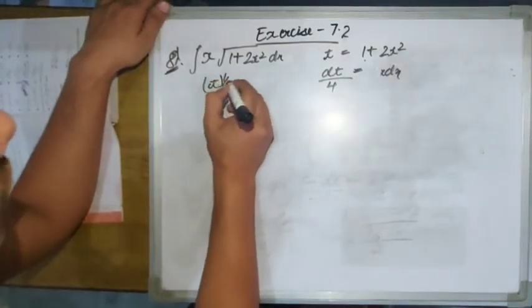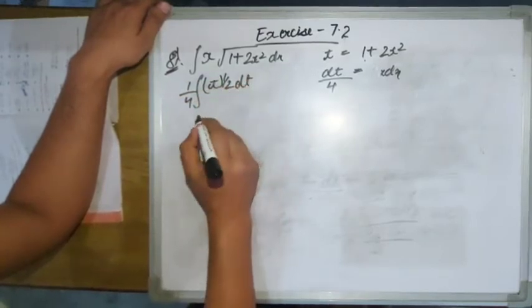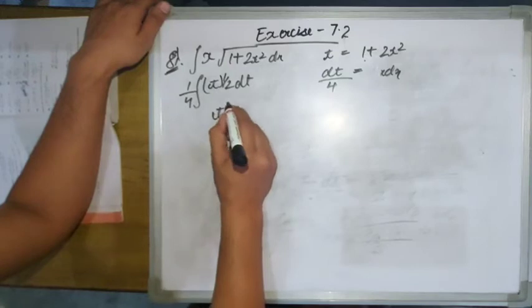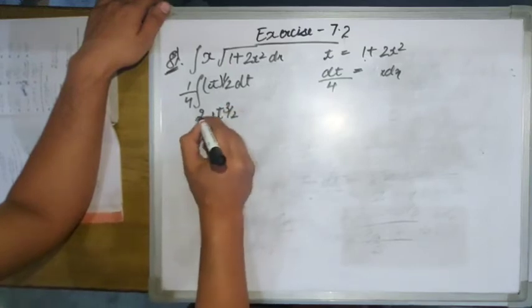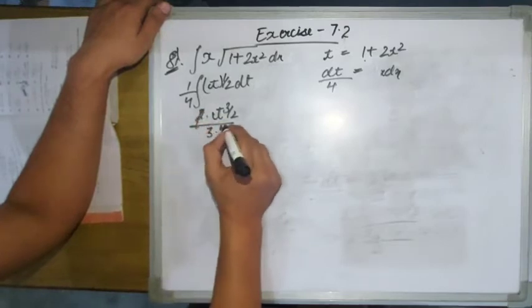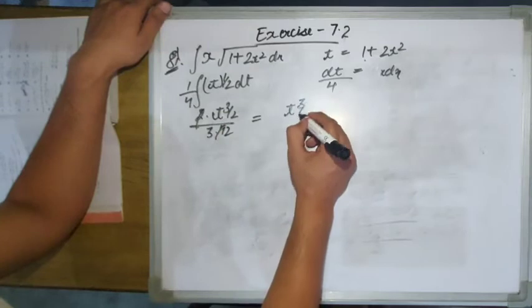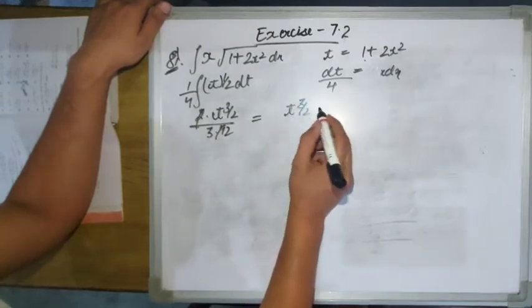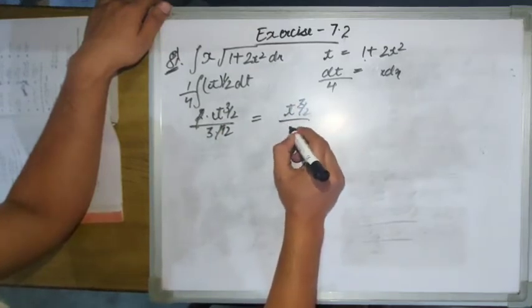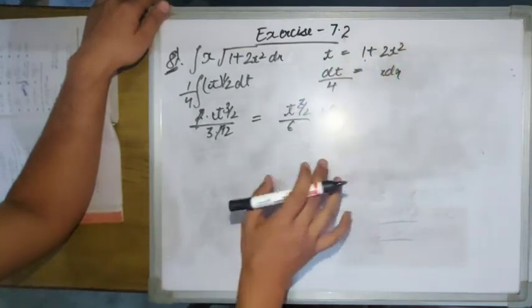T raised to power 1 by 2 dt, we have integration of t raised to power 1 by 2 equals 3 by 2 into 2 upon 3 into 4. The value of this is t raised to power 3 by 2 upon 6 plus c. You can put the value of t by yourself.